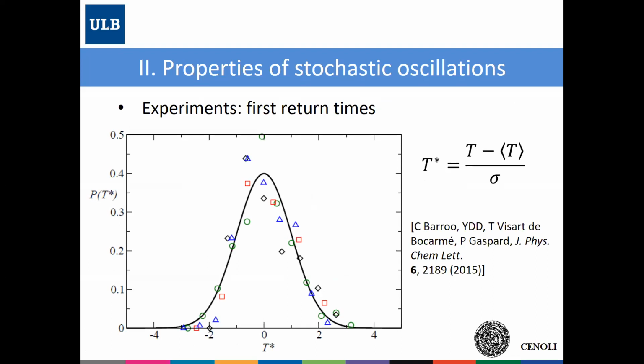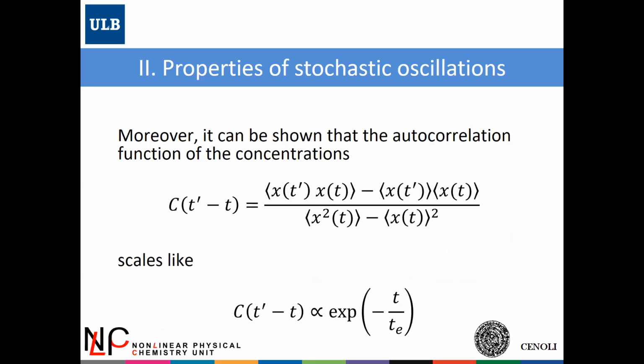So in most cases, the experimental points fall more or less around the Gaussian distribution. There are a few exceptions. Maybe you can see that the green dots, for example, do not agree so well with the Gaussian distribution. But let's say that in about 80% of the observations we had, the first return times were distributed normally. And so this validates one of the predictions of the Fokker-Planck approach.